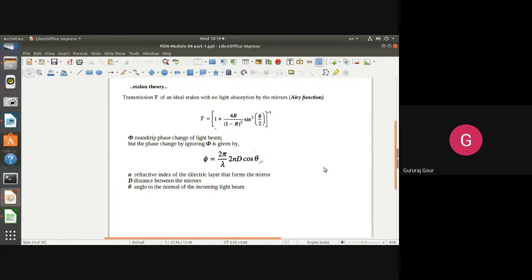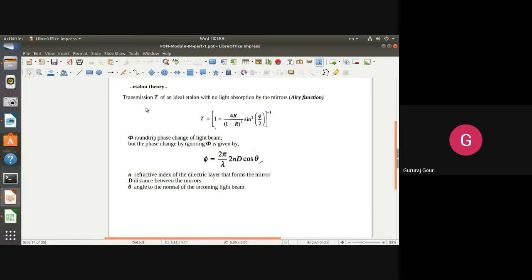So according to this theory, the transmission T of an ideal etalon, meaning a surface with no light absorption by the mirrors. Practically it is not possible. Every material has some absorption coefficient alpha. But ideally, alpha is 0.